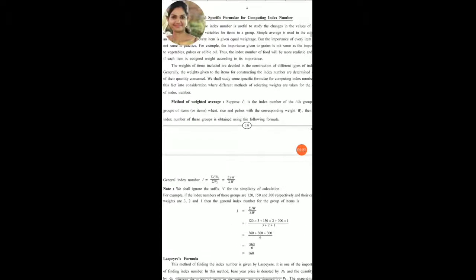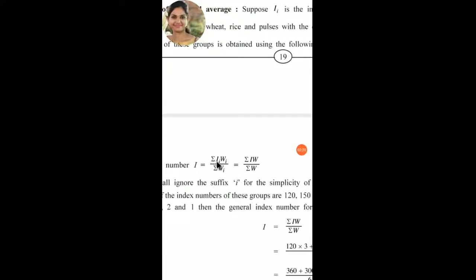See here one example. We shall ignore the suffix i for the simplicity of calculation. It means I is given, but we will not write the i, we will write only sigma IW upon sigma W, right?